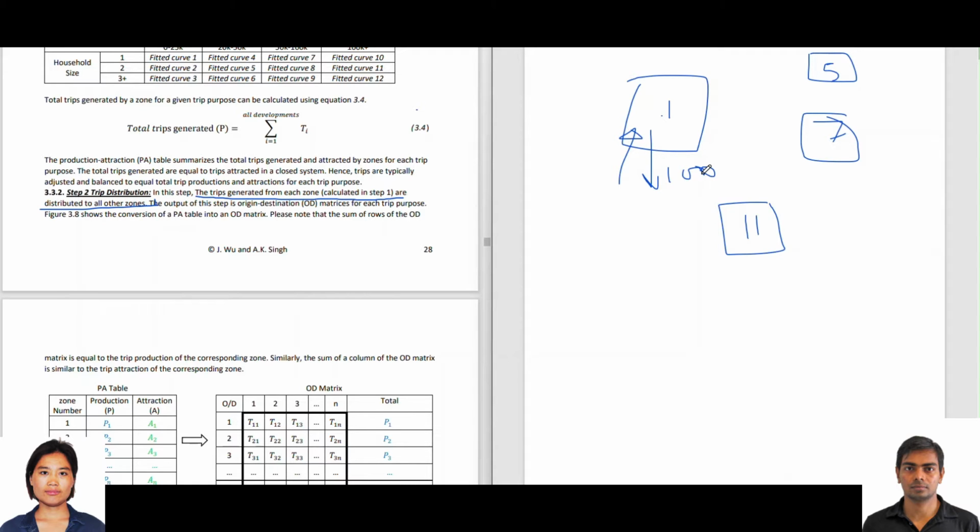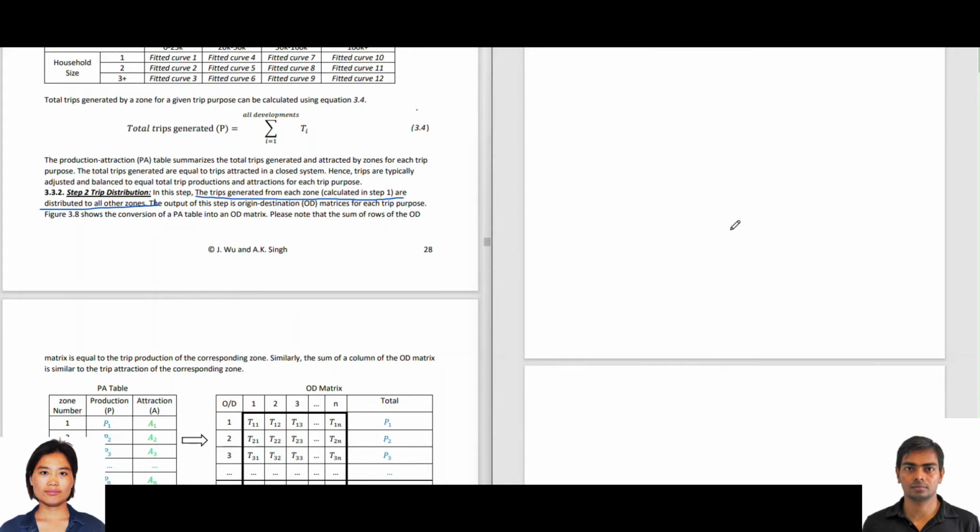Hourly is a different kind of scenario. So in one day the number of trips exiting is 100, and the number of trips entering is also 100. Now we need to figure out where these 100 vehicles will go, whether they go to zone 5 or zone 7 or zone 11, or they will go to all three places, and in what proportion. That's what the trip distribution step is all about.